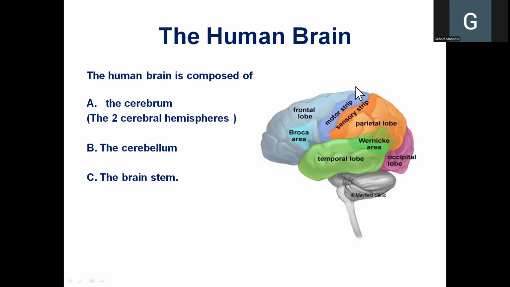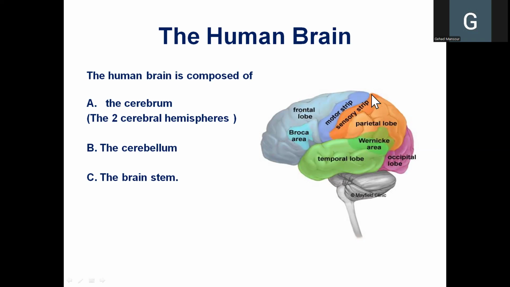Now, in every cerebral hemisphere, you have to know the relative positions of the lobes, because you might be asked to label the diagram, or you might even be asked to draw the lobes on the cerebral hemisphere.